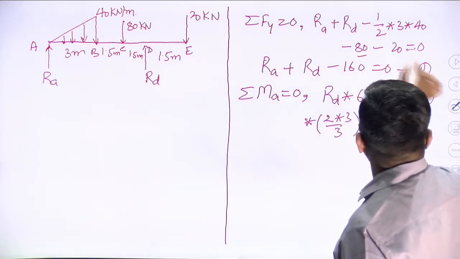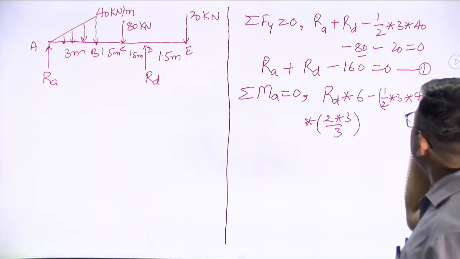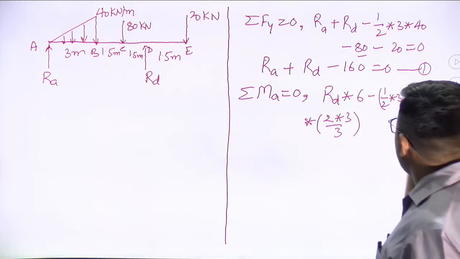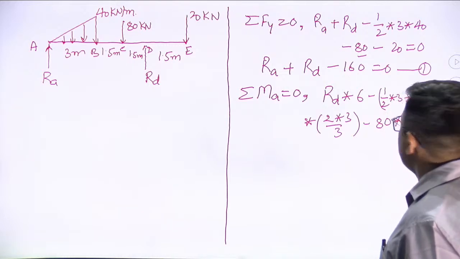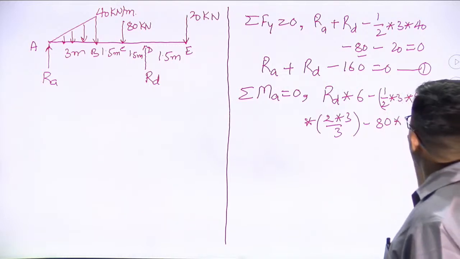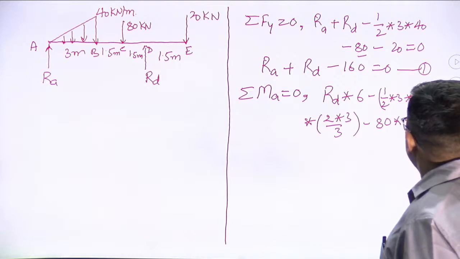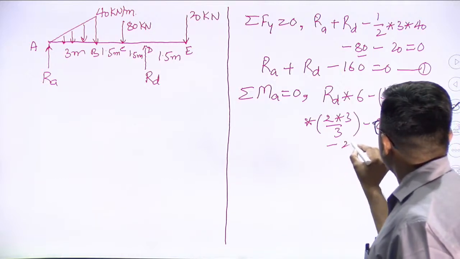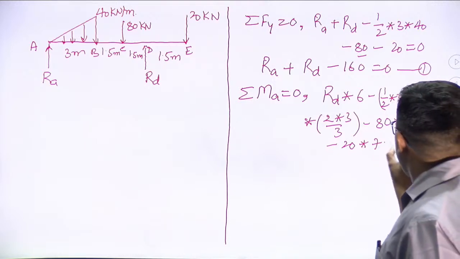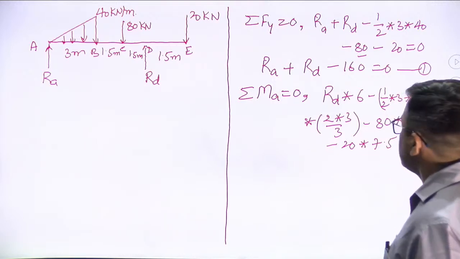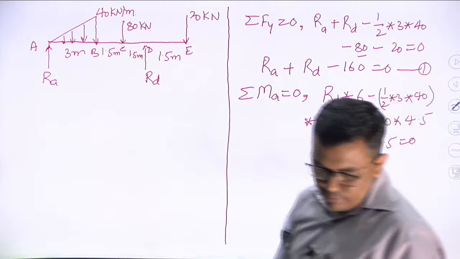Then another load which I am considering is 80. The distance of 80 from point A is, minus 80 into 4.5, then minus 20 into 7.5 equals 0.